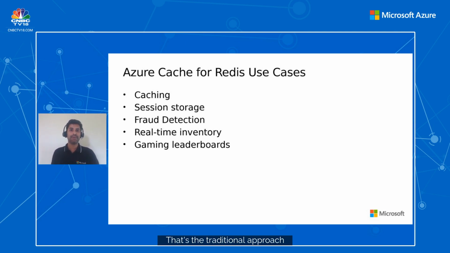That's the traditional approach, but there are certain scaling limitations in this approach. And that's why Redis is an ideal scenario to solve this problem. So in this case, we will use Redis to store the session information, and then we will use Redis to query all the session details when a user actually logs into any of the instances in the backend, right?